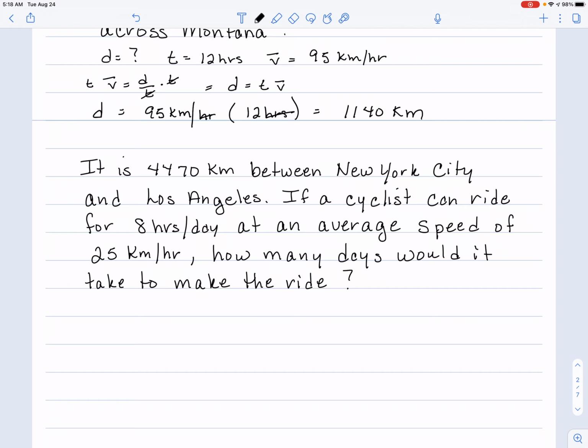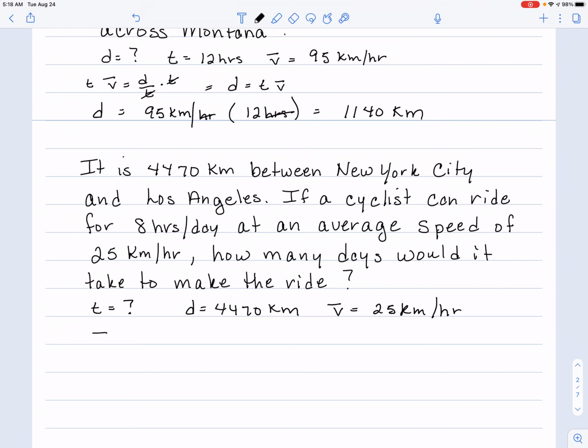So in this one, you're looking for how many days. So you're looking for a time. Okay? You're given a total distance of 4,470 kilometers, and you're given an average speed of 25 kilometers per hour.